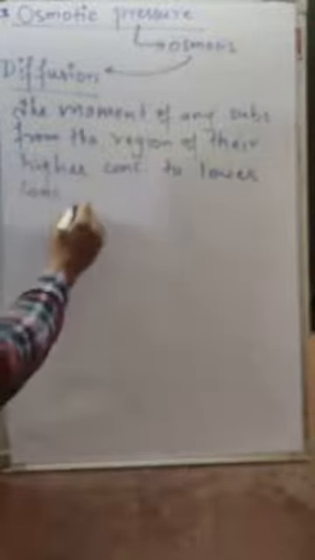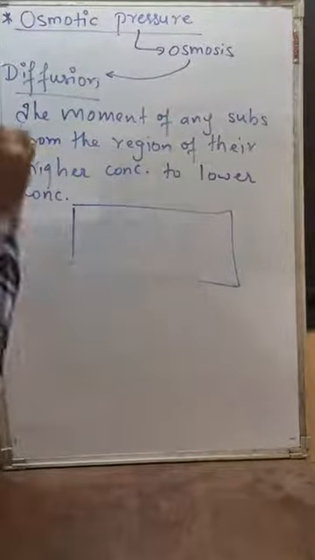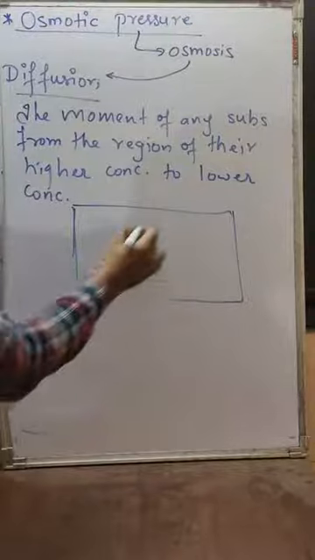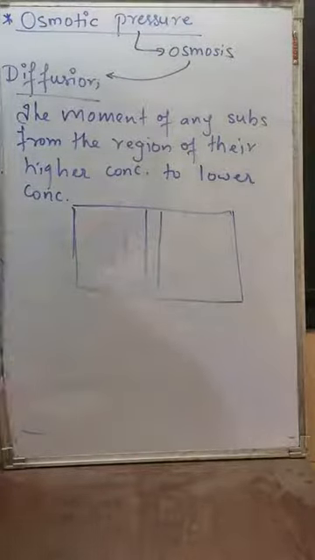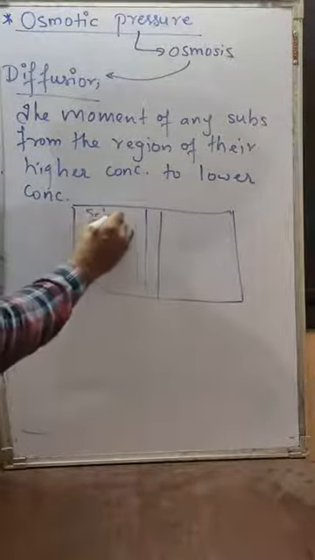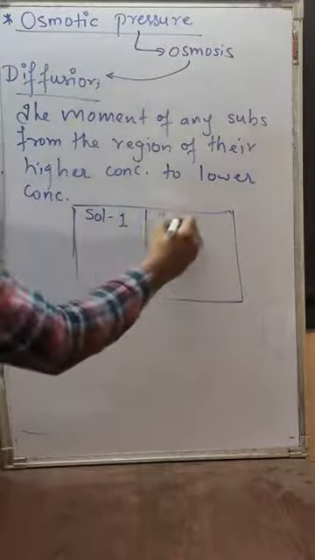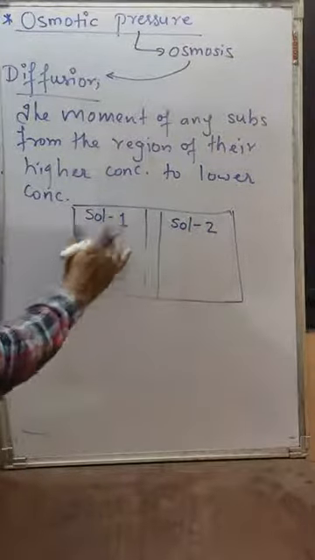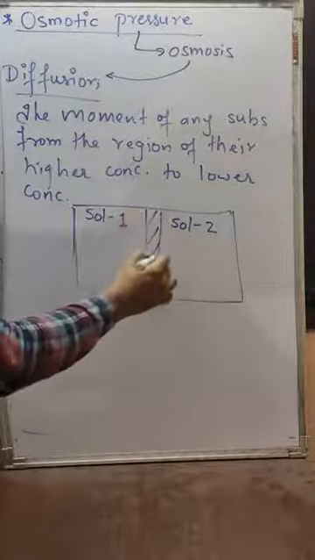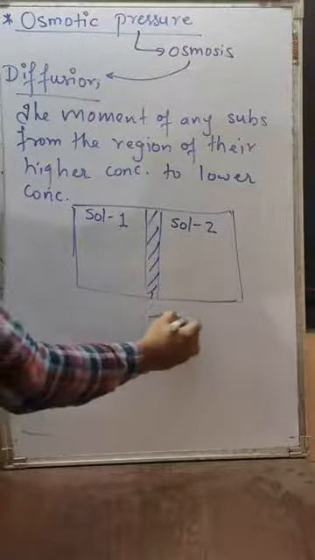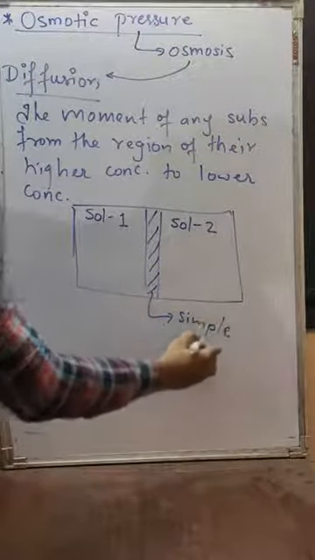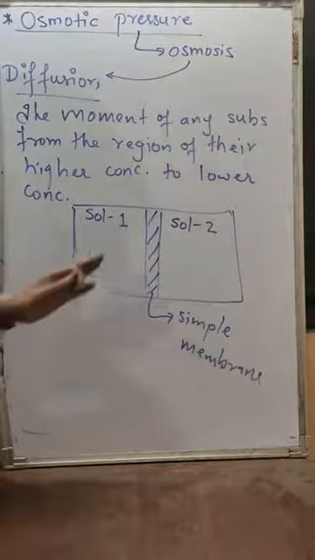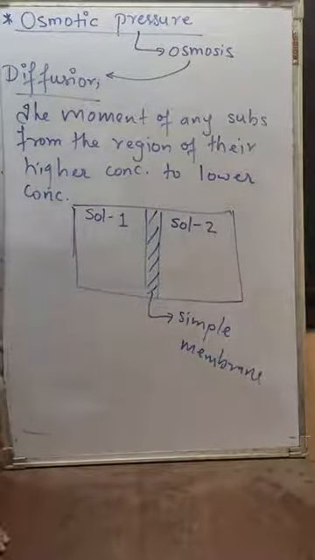So in order to know what is meant by diffusion, suppose I have taken two compartments, one having a solution 1 and second having a solution 2, and these two solutions are separated by a membrane. I have taken a simple membrane which has big holes.